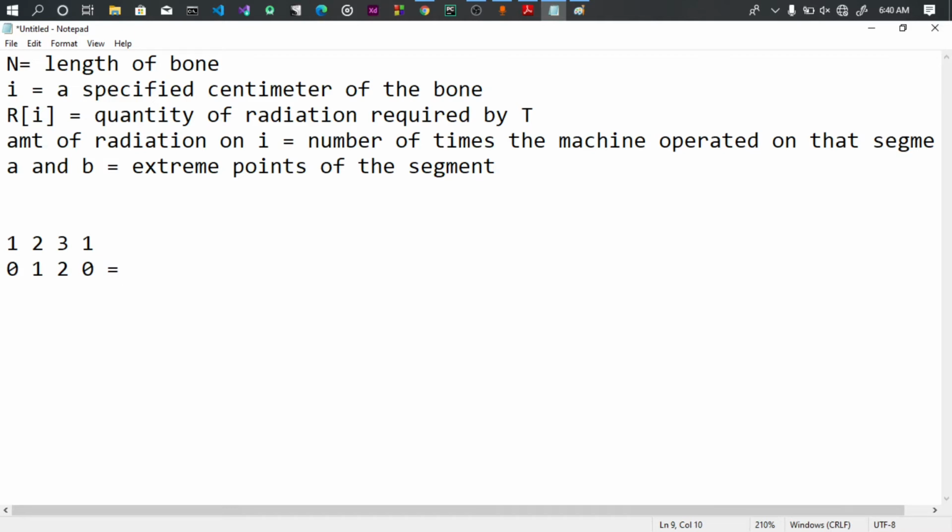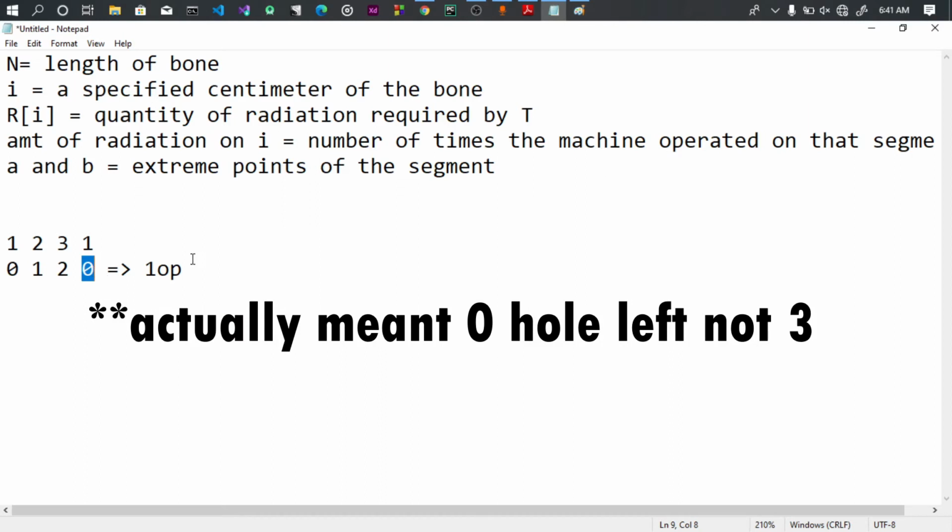And when this is done, we consider it as one operation achieved, meaning that we have applied one radiation here and there is no hole remaining. We have applied one radiation here at the same time and only one hole is remaining. We have applied one radiation here, only 2 holes are remaining, one radiation here, and only 3 holes are remaining.